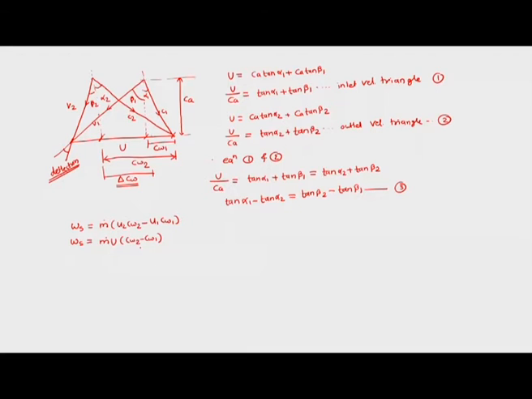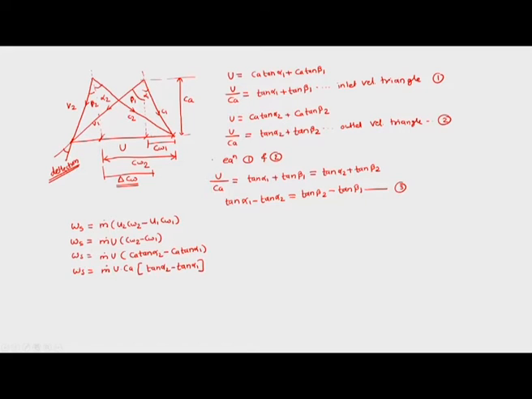What is CW2? CW2 is this length, which is Ca tan alpha 2. So Ws is equal to m dot U Ca tan alpha 2. What is CW1? It is Ca tan alpha 1. So we have Ws is equal to m dot U into Ca, and then we have tan alpha 2 minus tan alpha 1.